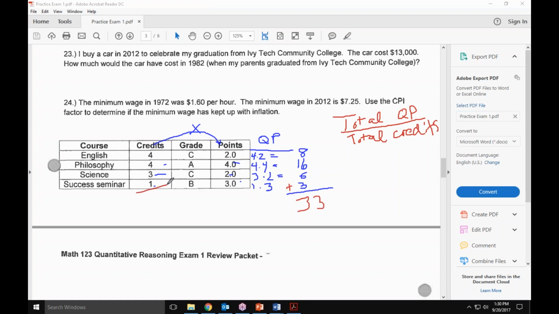Well, we also have to know how many credits we're taking. How many credits did this person attempt? 12. Exactly. So when we go to find the GPA, quality points is 33, credits is 12. When I divide those, that will give me my GPA.